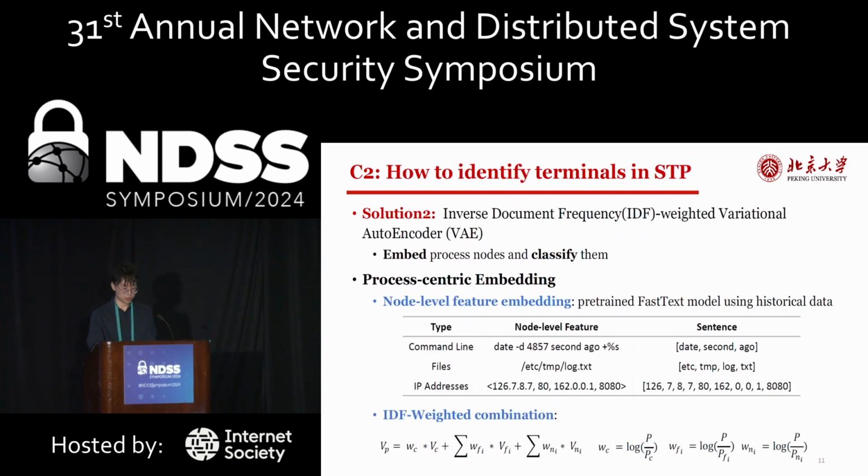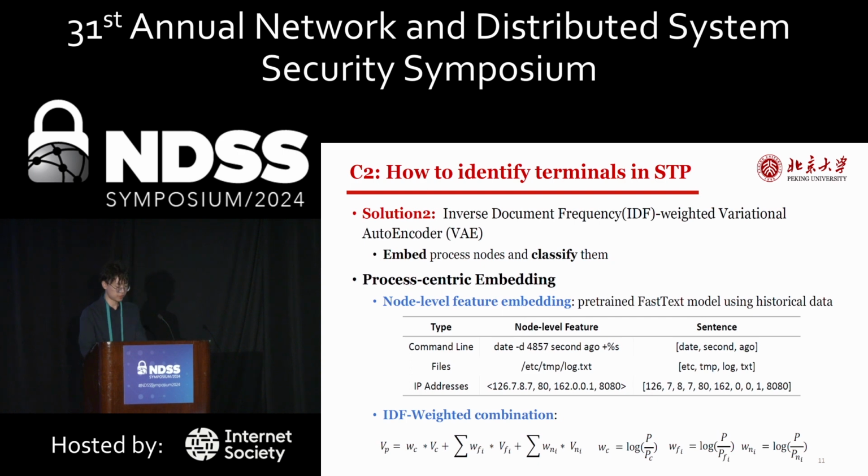To find the solution of STP in the current time window, the first step is to identify terminals efficiently. NODLINK uses an inverse document frequency weighted variational autoencoder to embed processes and classify them. It embeds process nodes based on their node-level features. We first get the embedding of the command line and of the nodes that are directly connected with the process, using a pre-trained NLP model.